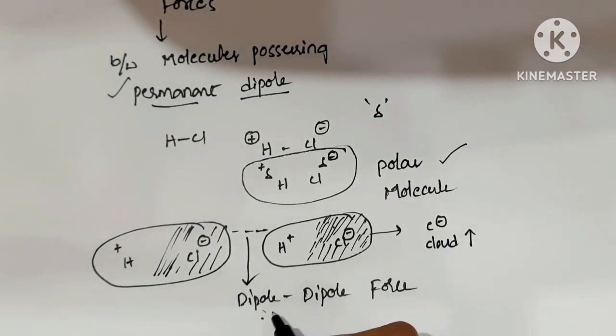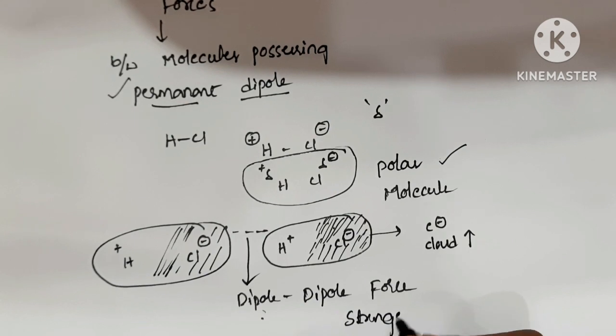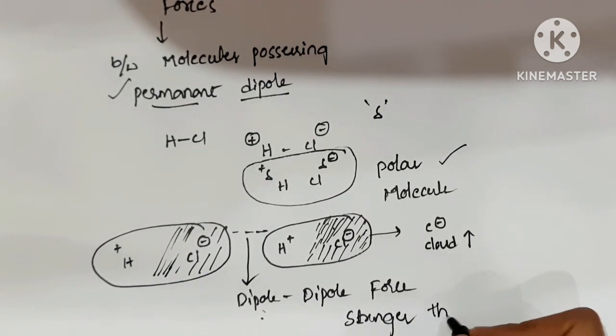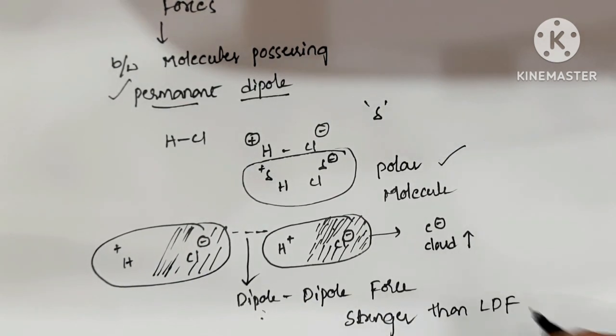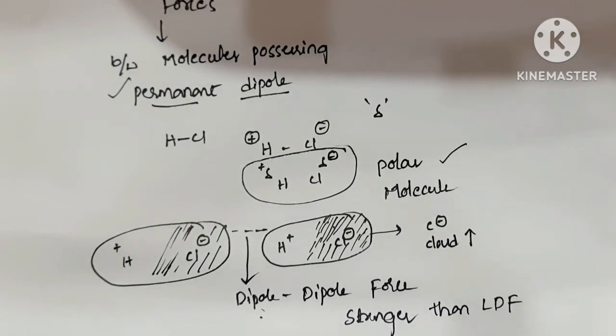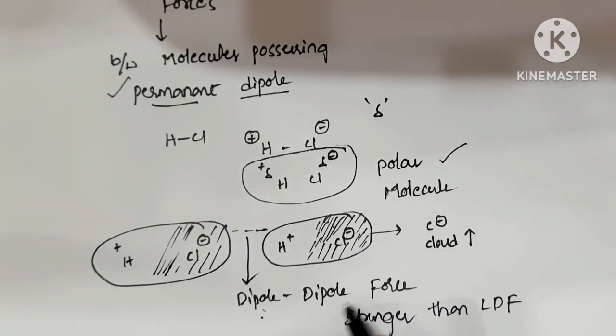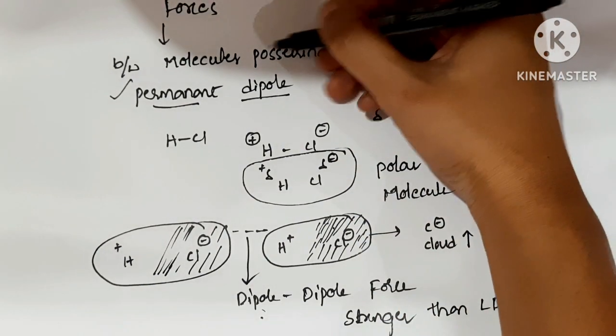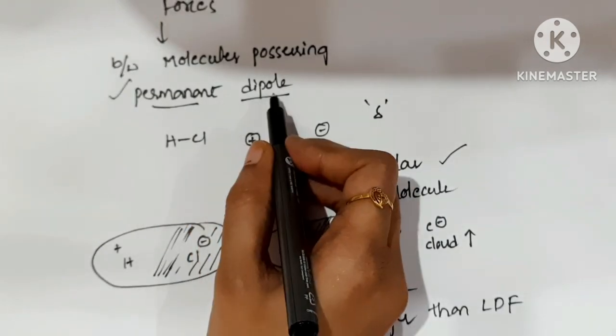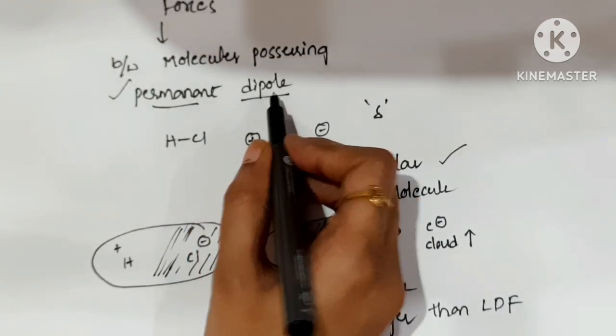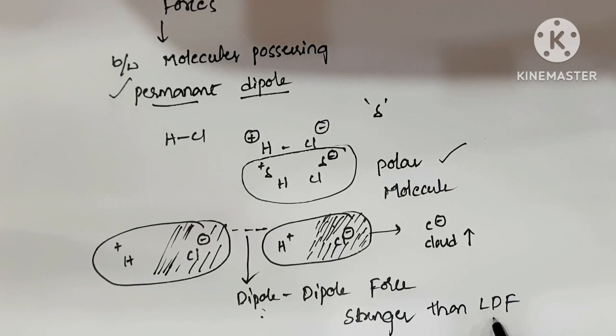Generally dipole-dipole forces are stronger than LDF, London dispersion forces. Why? Because dipole-dipole forces appear in molecules possessing a permanent dipole, whereas London dispersion forces appear in temporary dipole molecules.